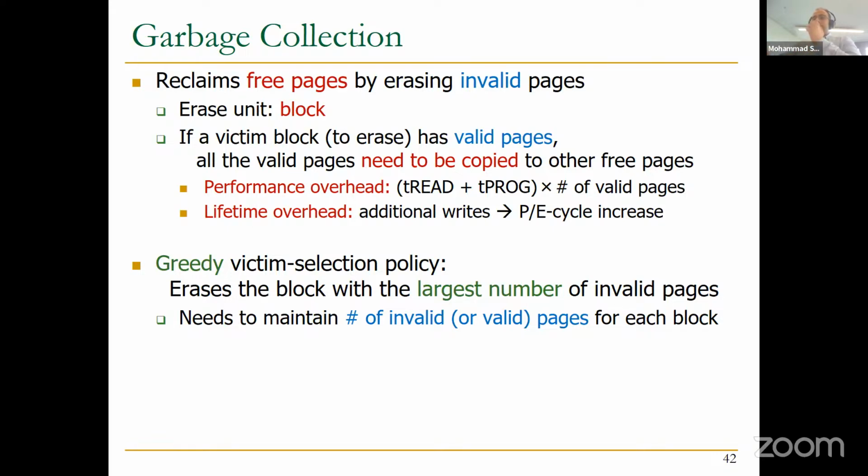We can have different techniques or policies to choose a victim block. One greedy victim selection policy is to erase the block with the largest number of invalid pages. Hopefully, this block has fewer valid pages, so we have less copy overhead. But we're going to see later that that's not the only optimization metric you should think of, because it's also important which bandwidth you can do the copying at.